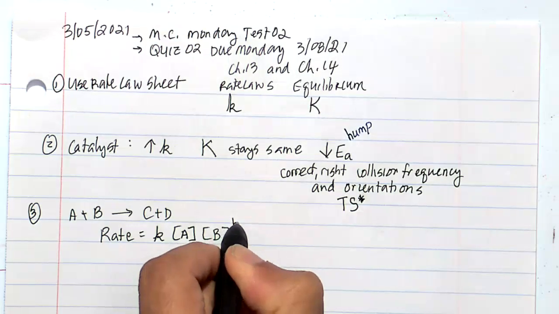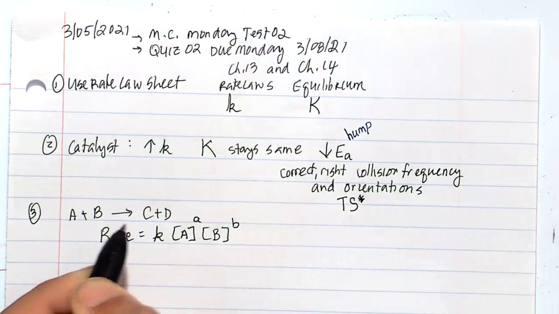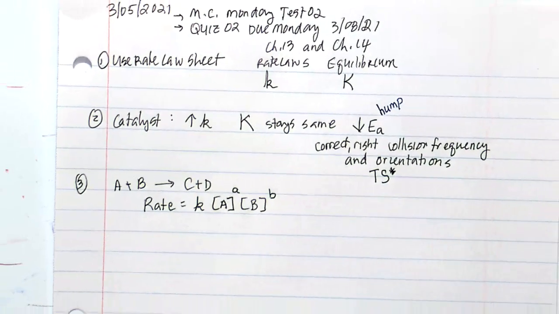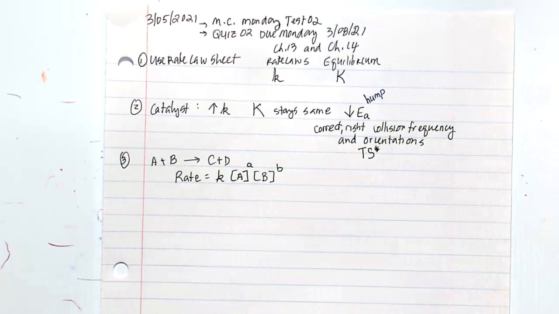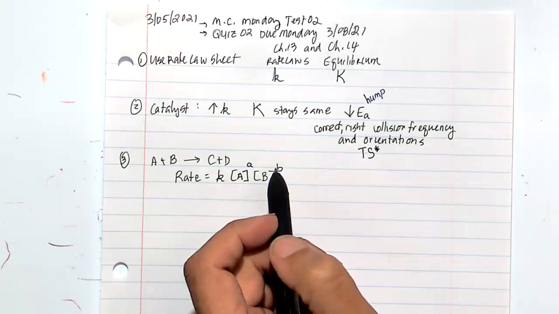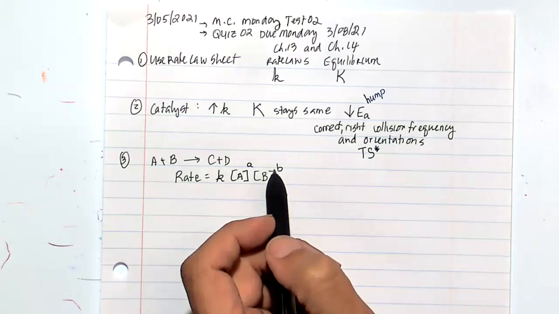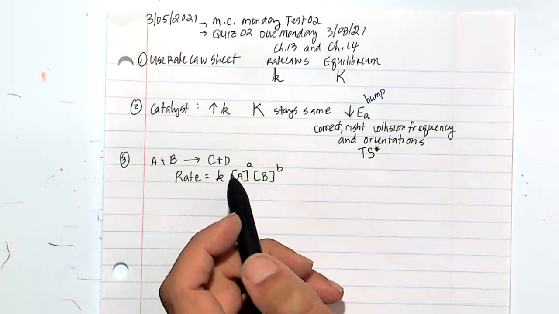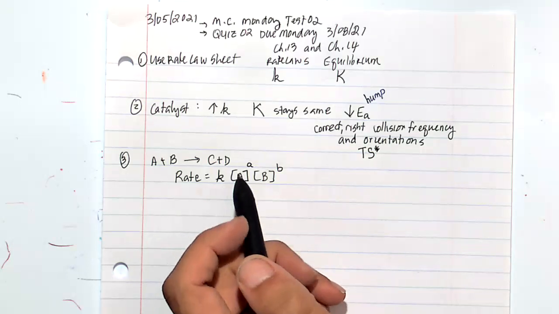We can call it exponent a, exponent b. These exponents are something you have to find, so you need a data table. It's something you need to calculate on your own by doing the actual experiment in the lab.